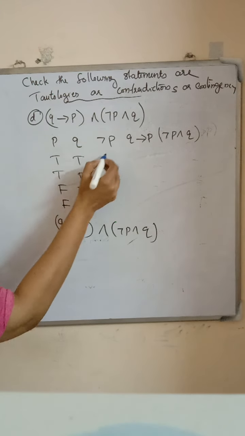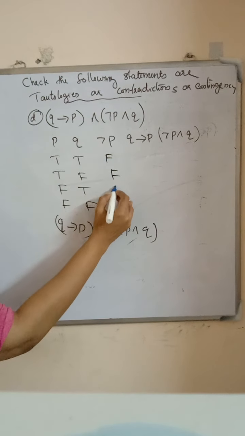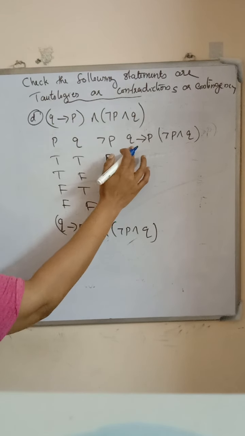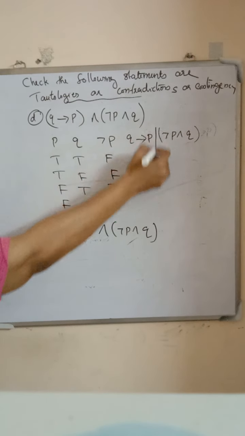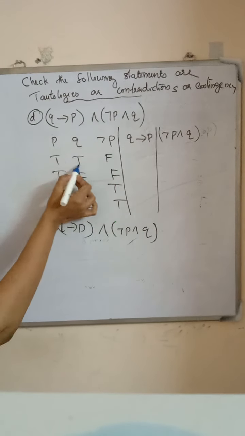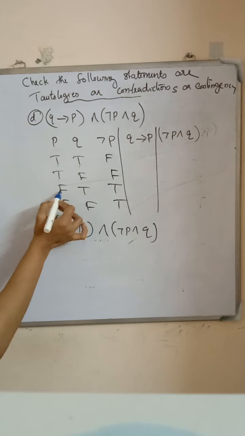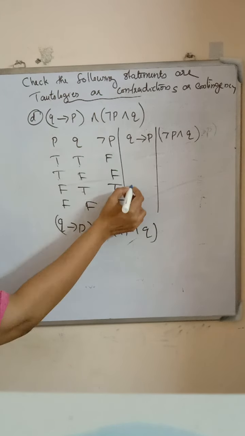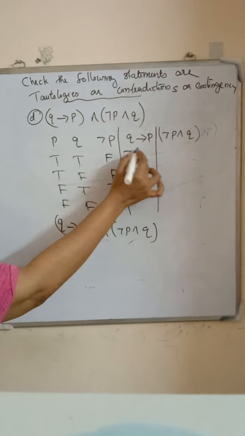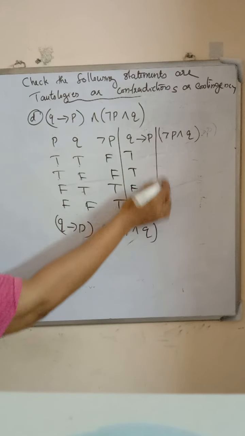What about negation P? False, false, true, true. Q conditional P is false only in the third row: true conditional false is false. In all other cases it is true.